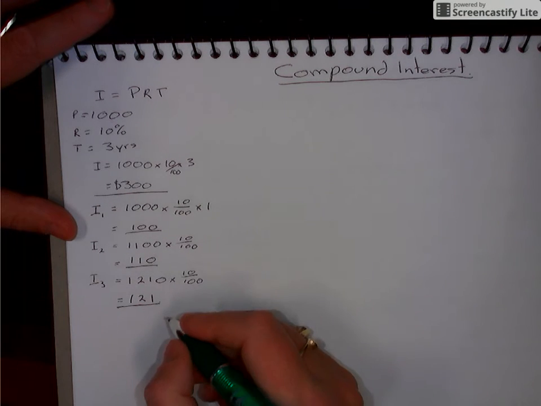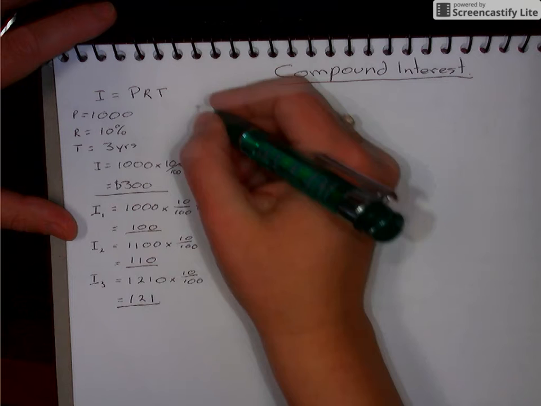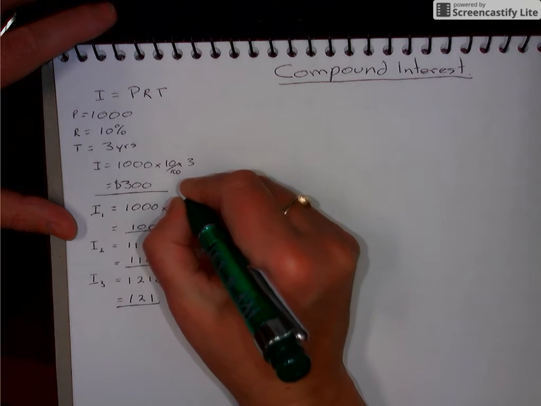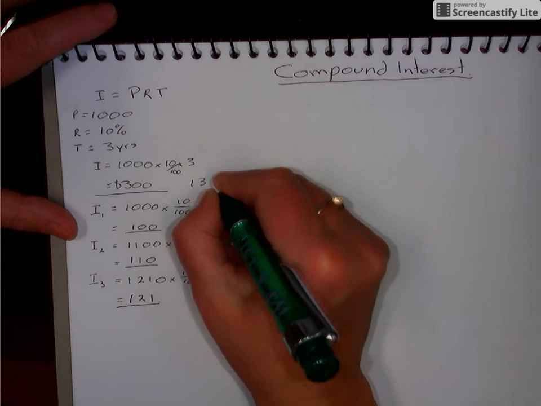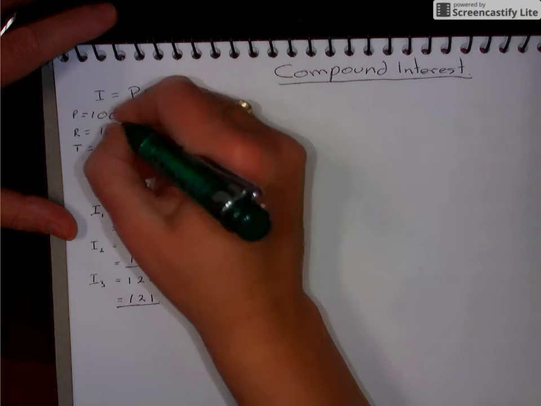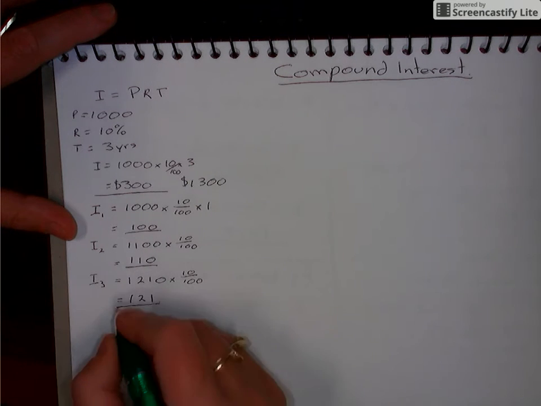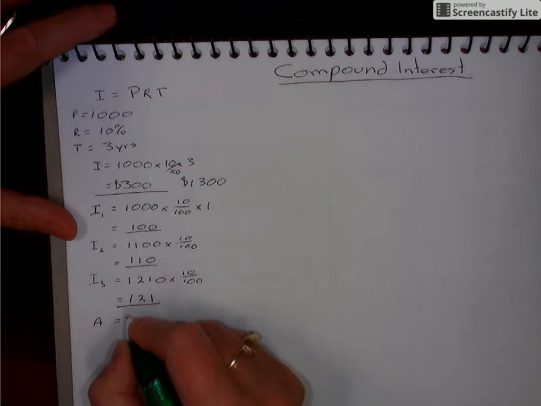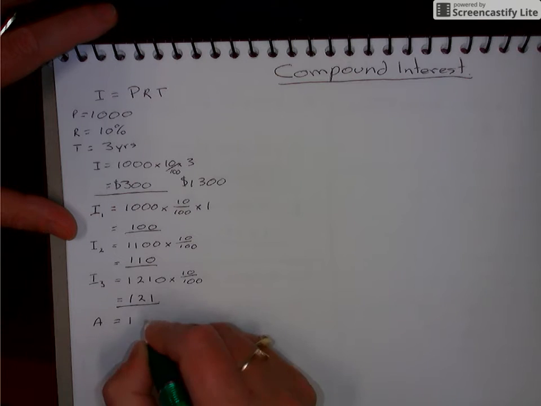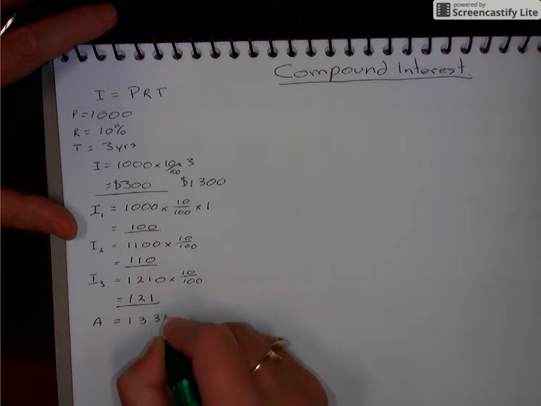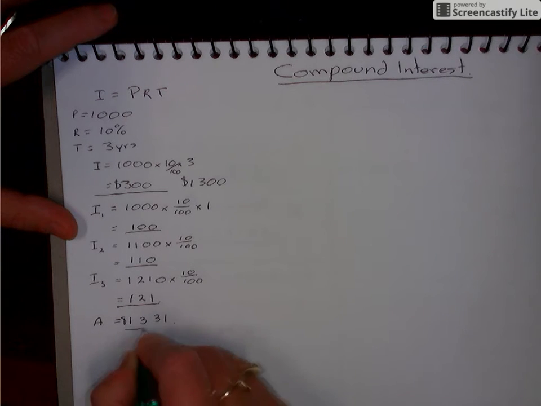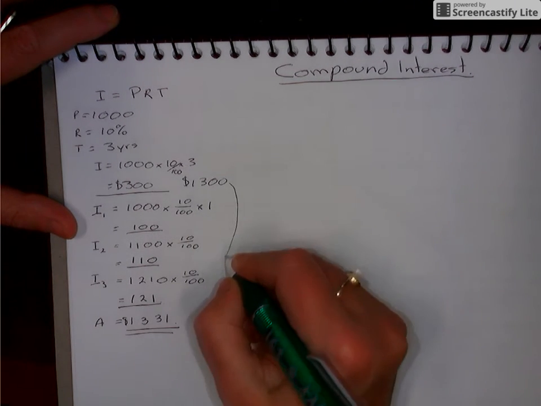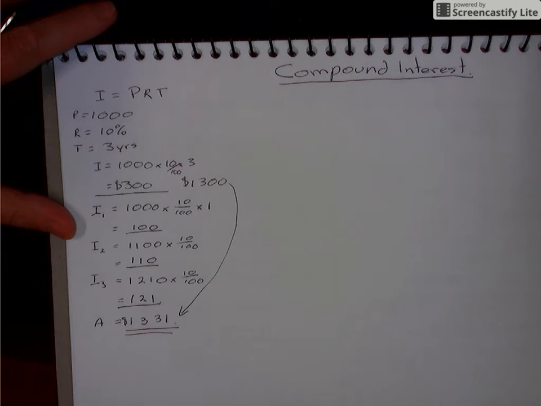So at the end of the 3 years, in just normal simple interest, I would get back $1,300, so my 1,000 from the principal and the 300 interest. Here, the amount at the end is going to be $1,331. It's not a lot, but you can see, just by compounding interest, we get a whole lot more.